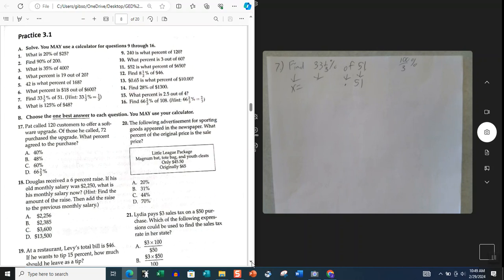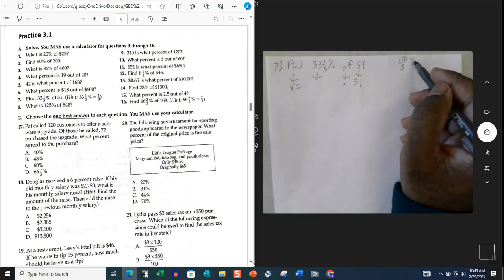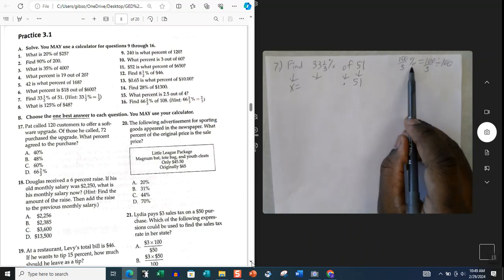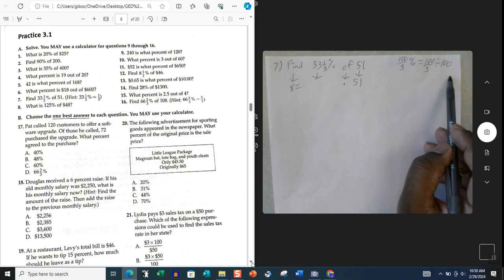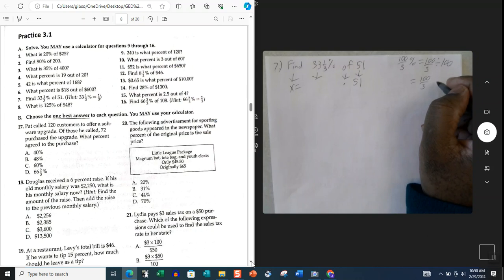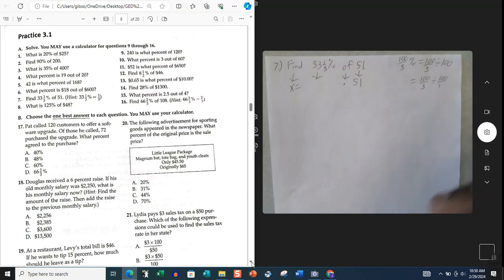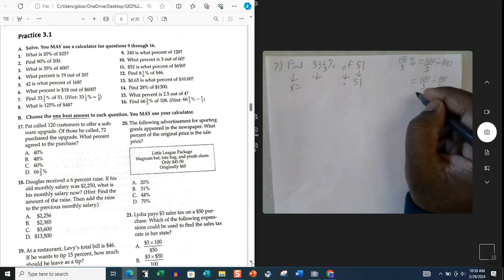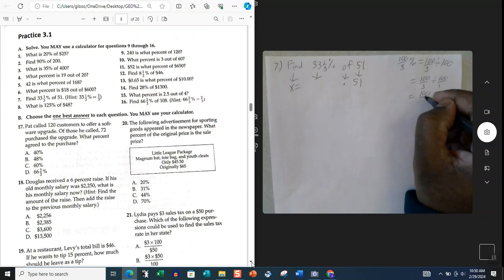Okay, now 100 over 3% means this is the same as 100 over 3 divided by 100, because remember, percent means out of 100. So this will equal 100 over 3 divided by 100 over 1. So 100 over 3 divided by 100 over 1 is equal to 100 over 3 times 1 over 100.